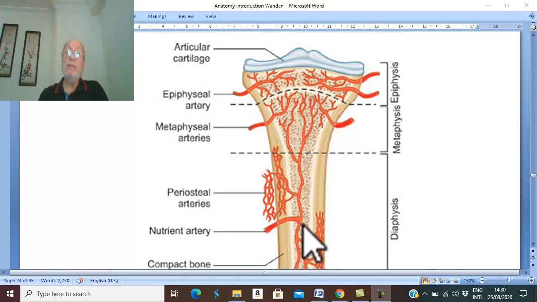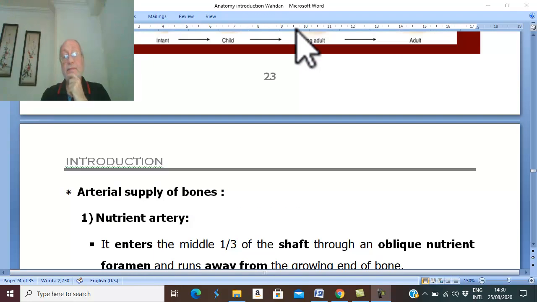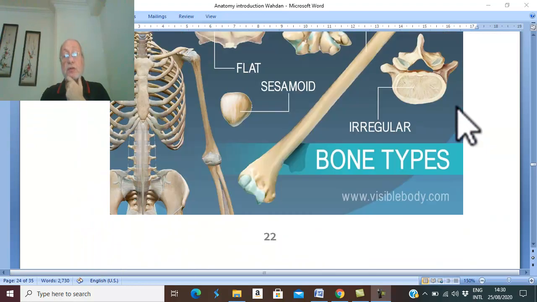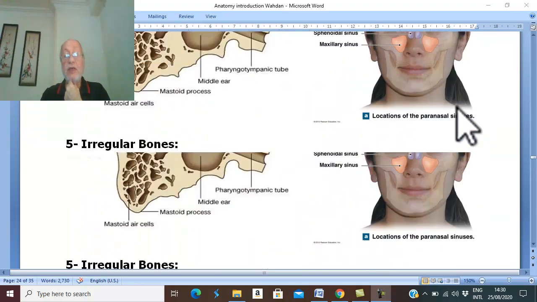And the reverse in the lower limb. The growing ends around the knee are the lower end of the femur and the upper end of the tibia. The lower femoral epiphysis and the upper tibial epiphysis are more active.